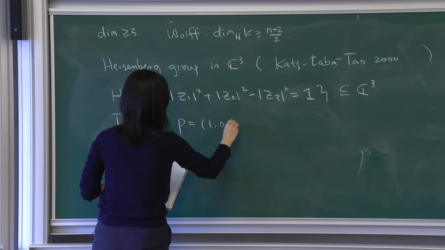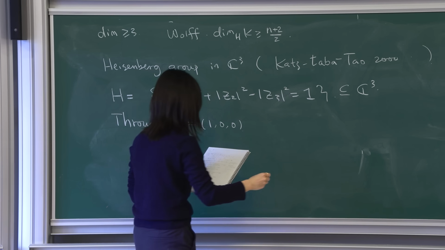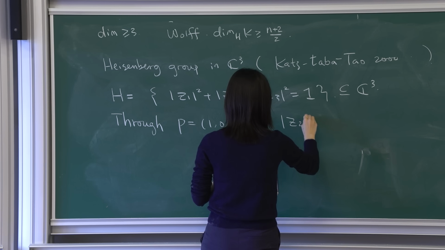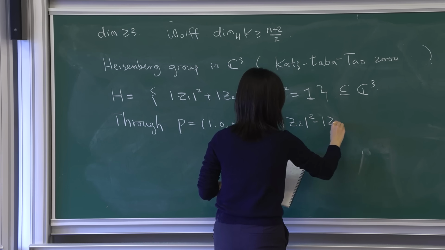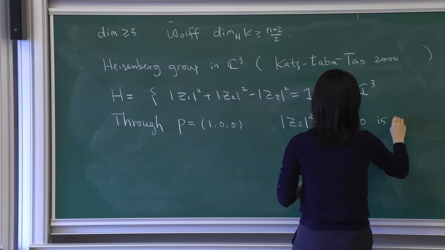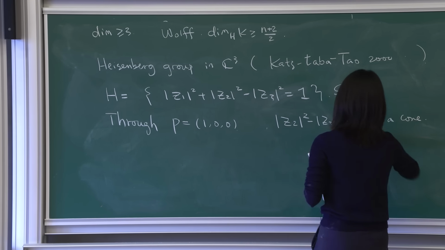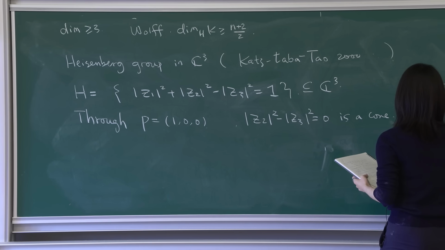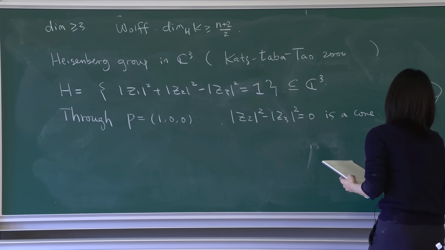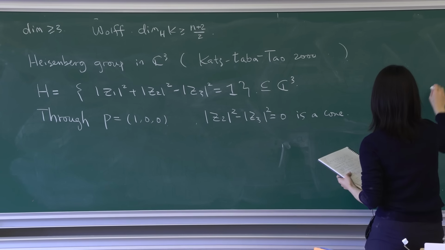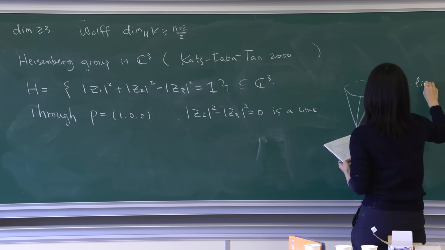Through this point P equals (1, 0, 0), we know that this is a cone. Each of these is a complex line.